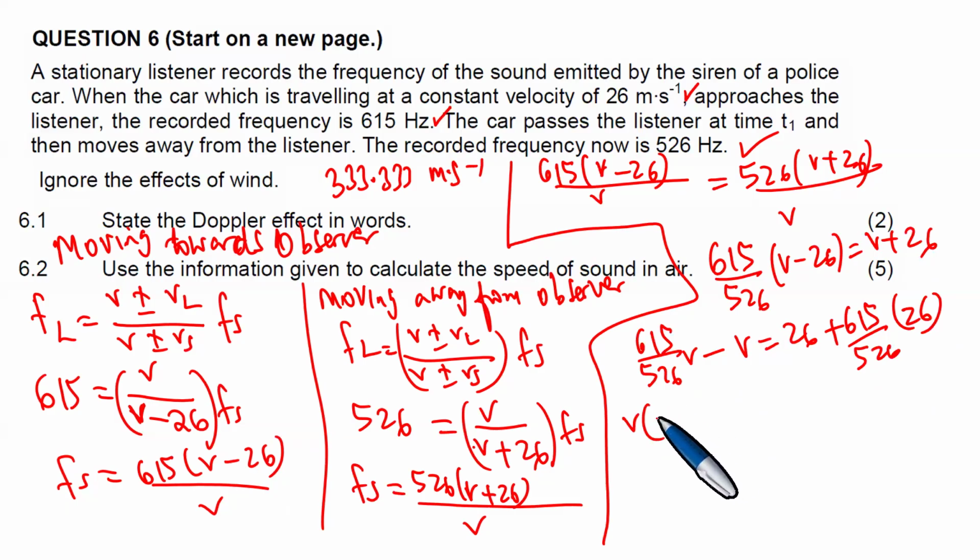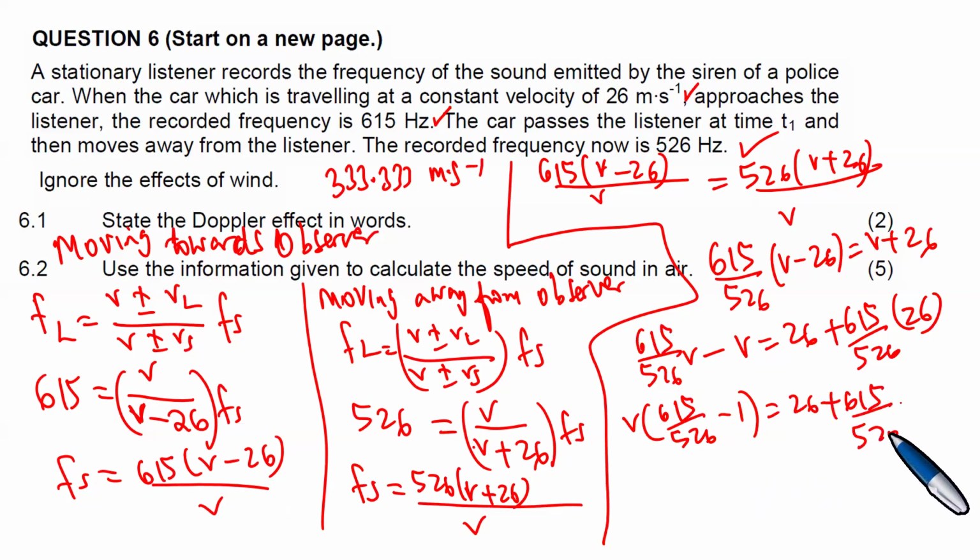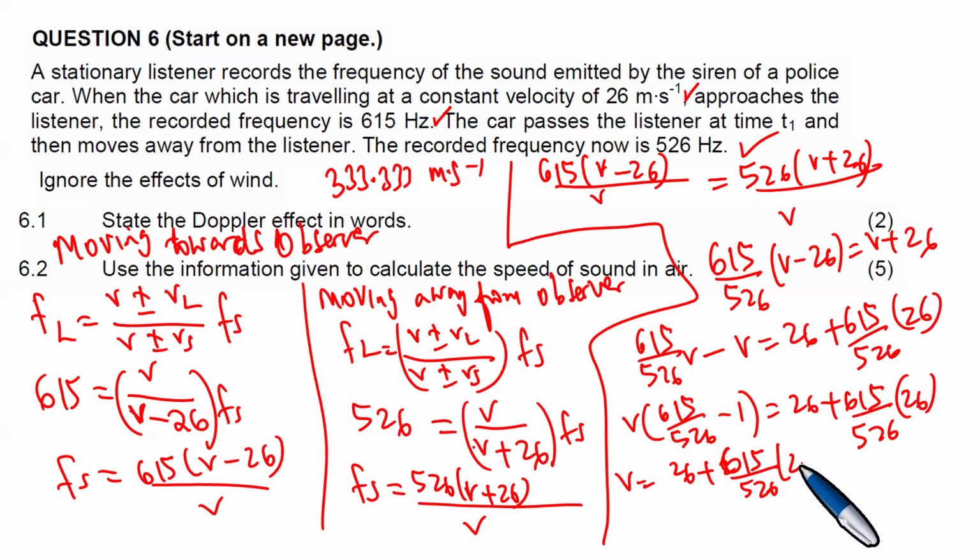Factor out the V, then you have 615 divided by 526 minus 1 times V equals 26 plus 615 divided by 526 times 26. So V is 26 plus 615 divided by 526 times 26, divided by 615 divided by 526 minus 1, and then you get the answer.